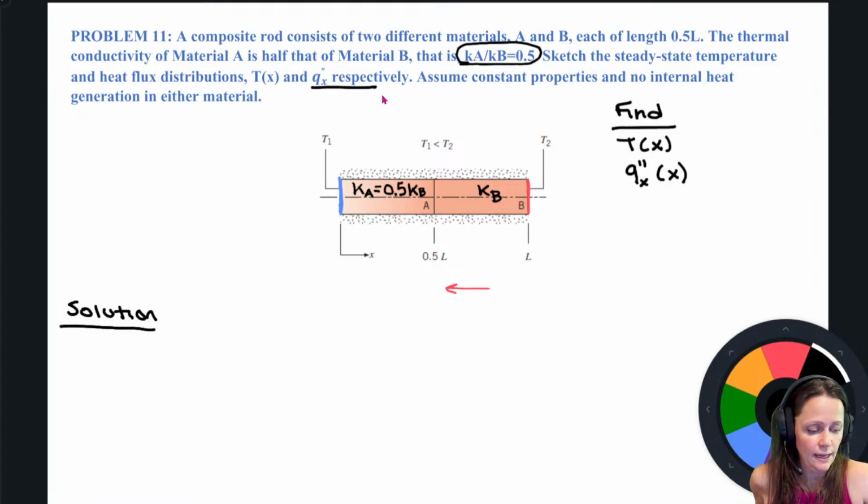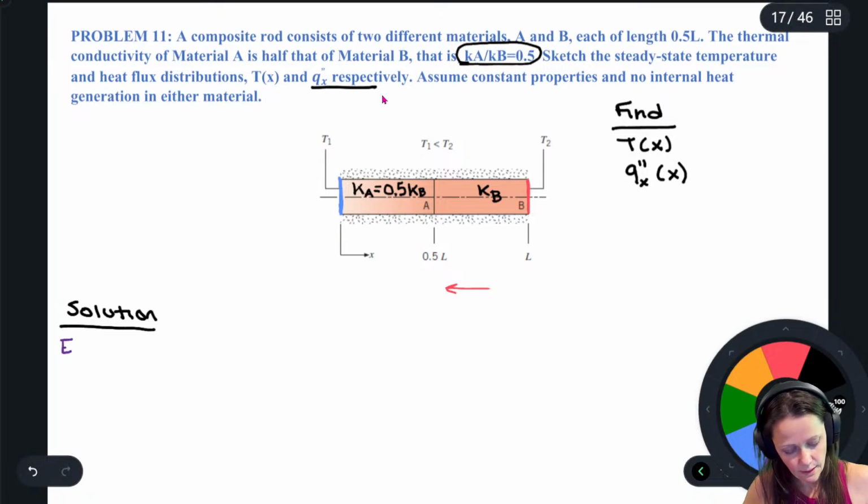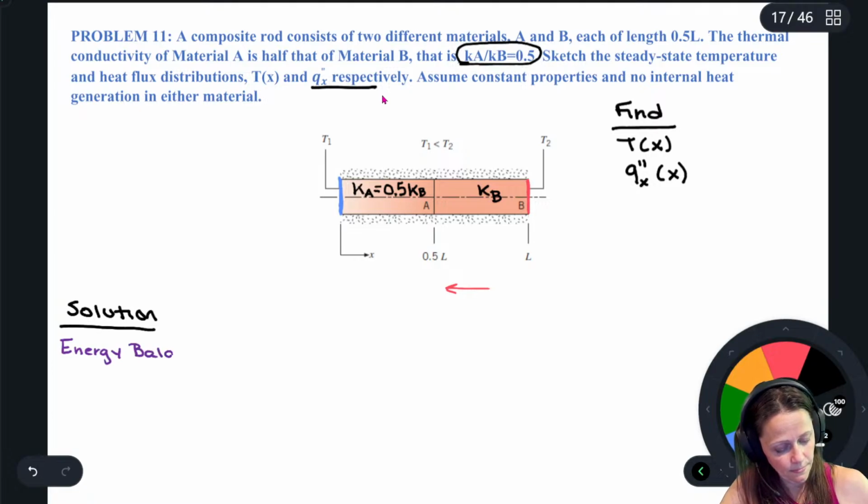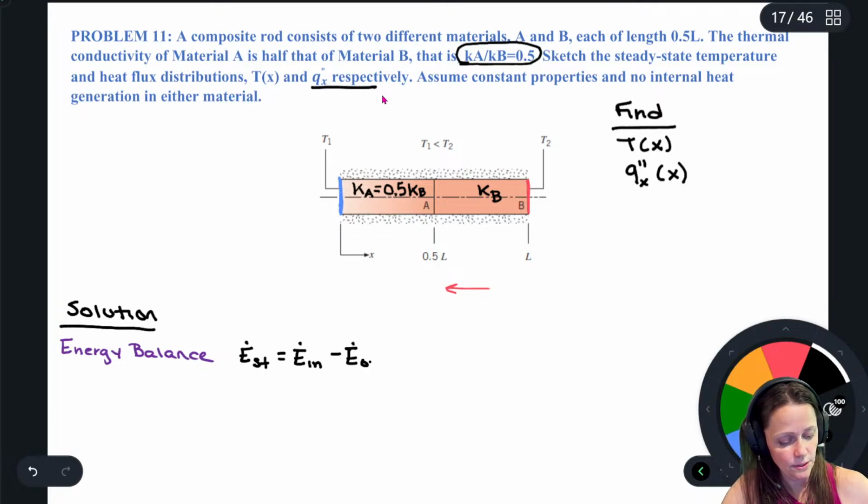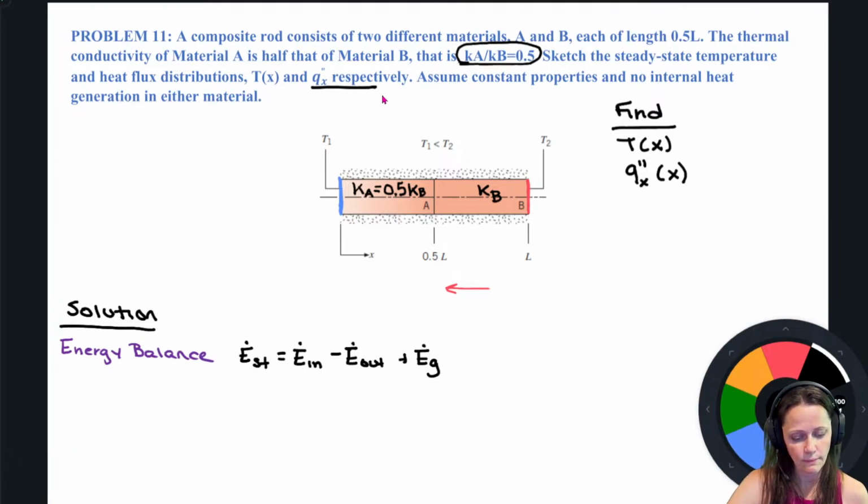I could do the same thing as before: apply an energy balance and see what I've got. E dot ST is equal to E dot in minus E dot out plus E dot G. Looking at the problem statement, the thermal conductivity for A is half that of B. We want to sketch the steady state temperature distribution and heat flux.